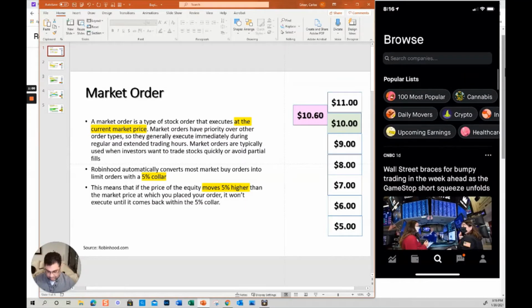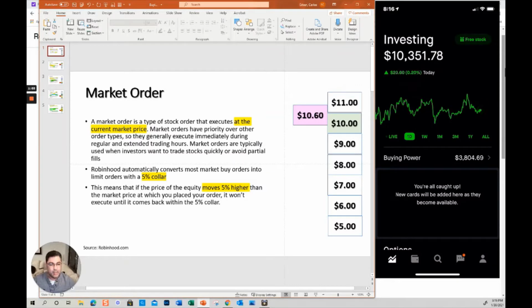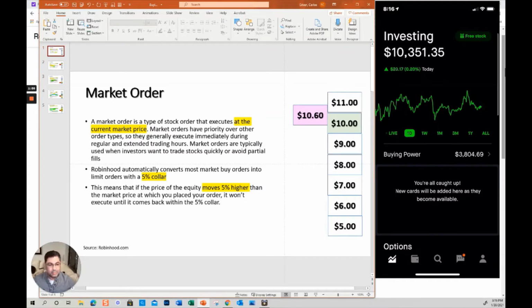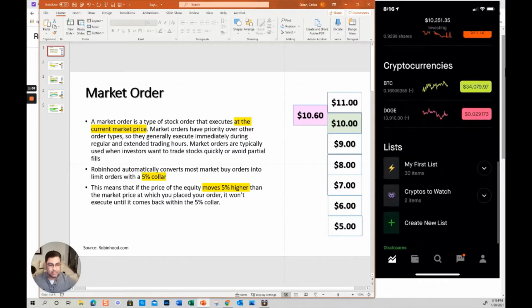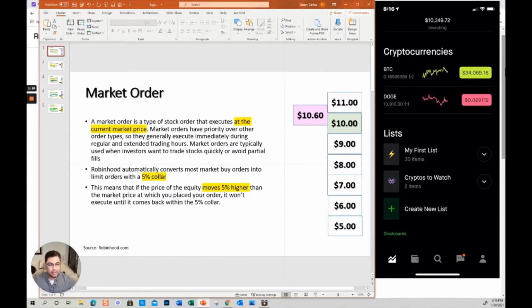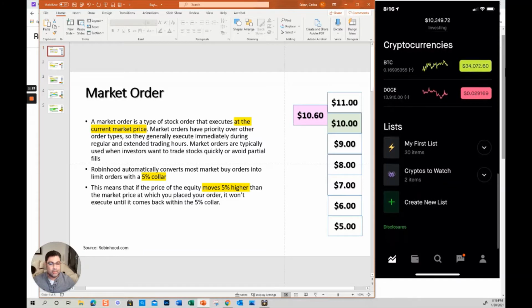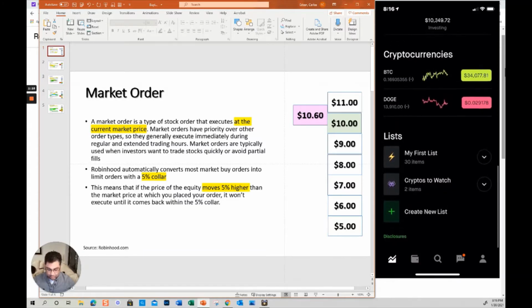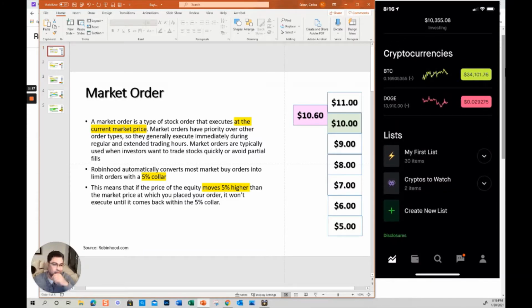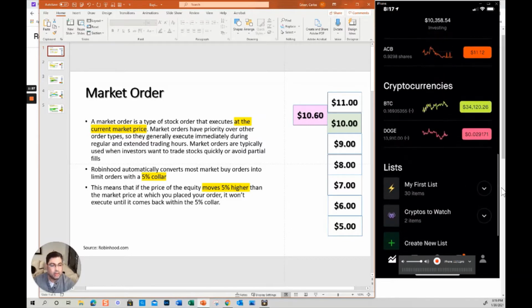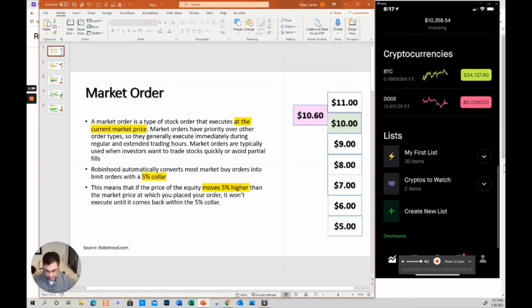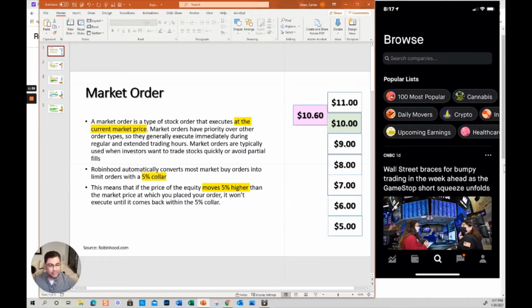Let me go all the way to the home page. The home page has how much you're investing, your current stocks or cryptocurrencies, and then if you want to invest in a particular stock, you can click on this magnifying glass.